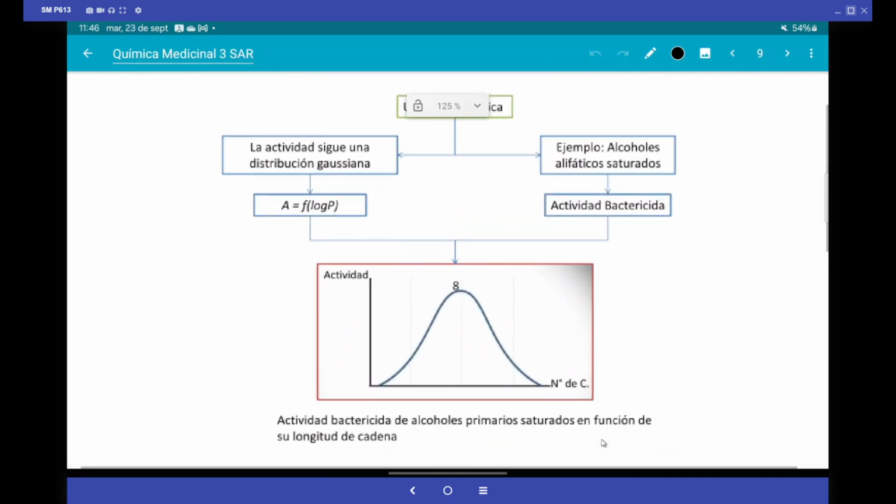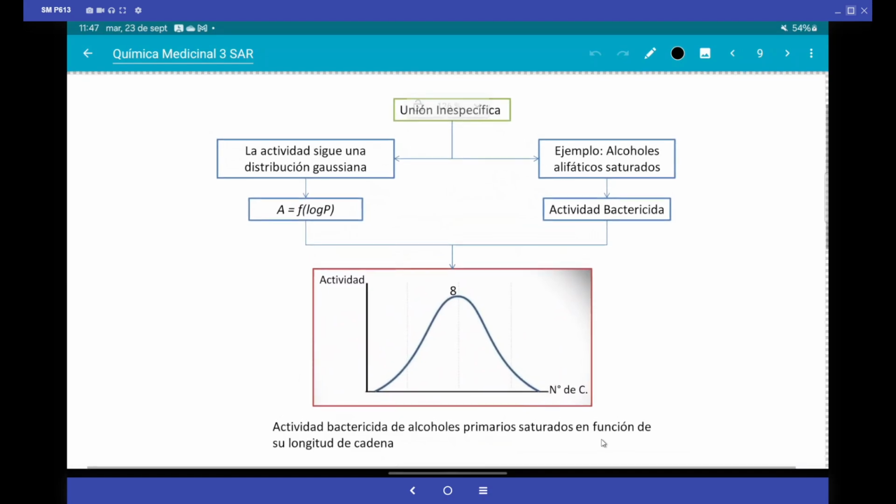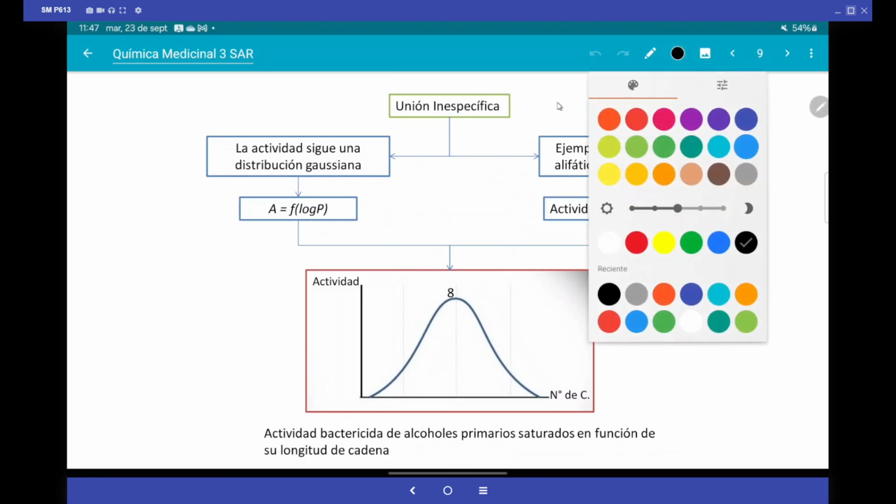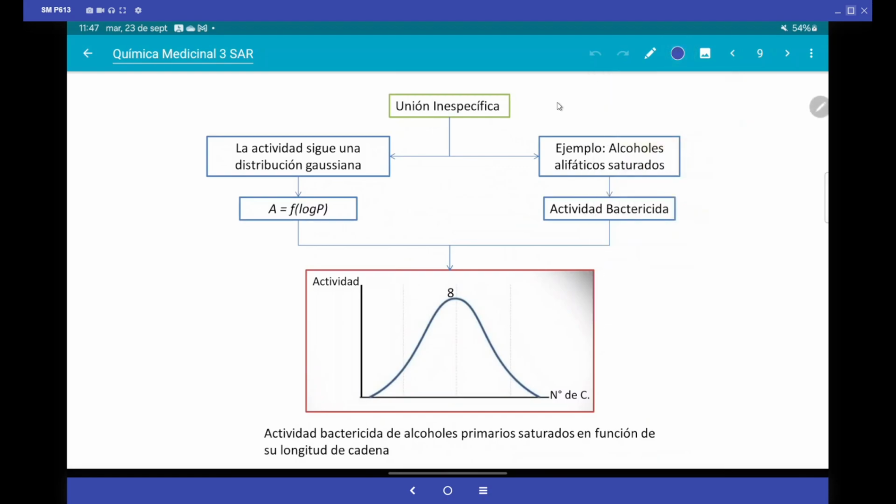First, let's remember these two concepts: non-specific union, when a drug has a non-specific effect. What does that mean, do you remember? There is no specific receptor in which it acts.